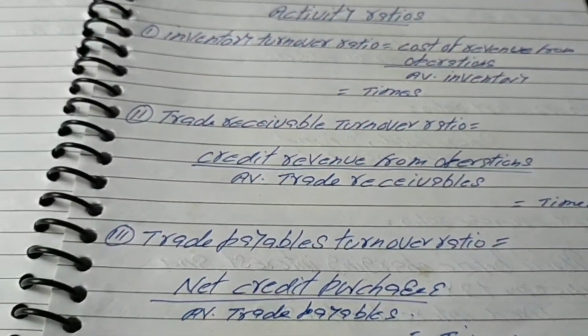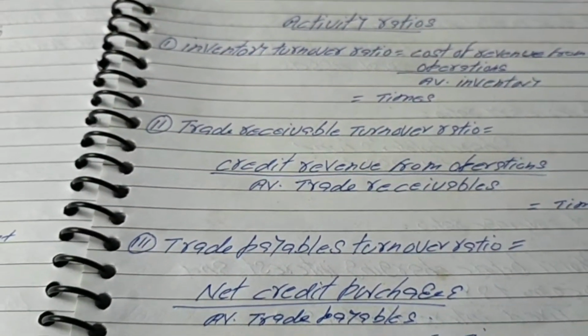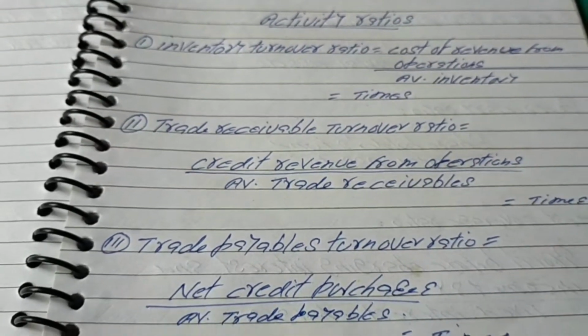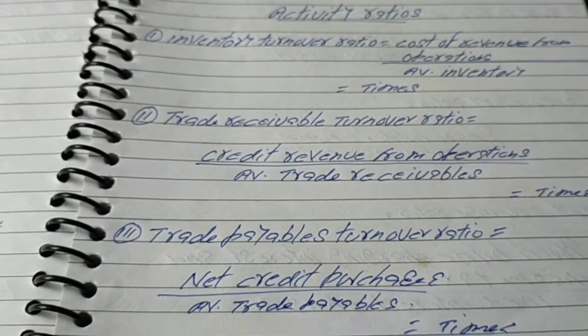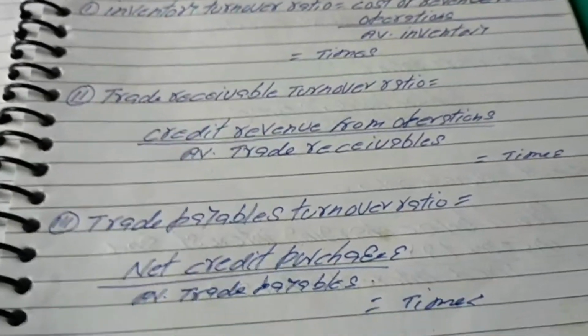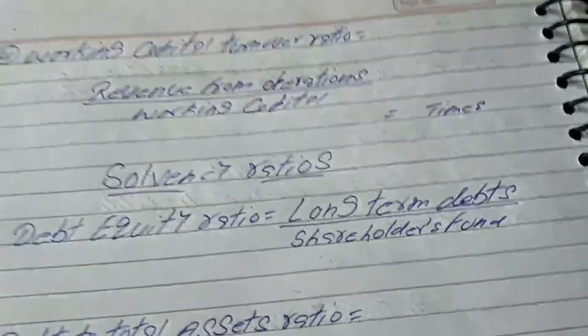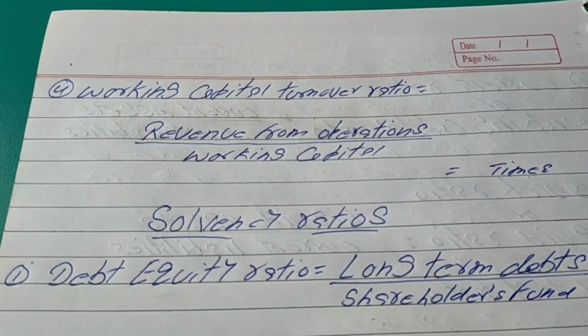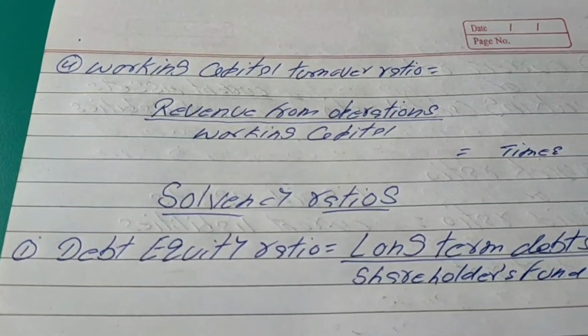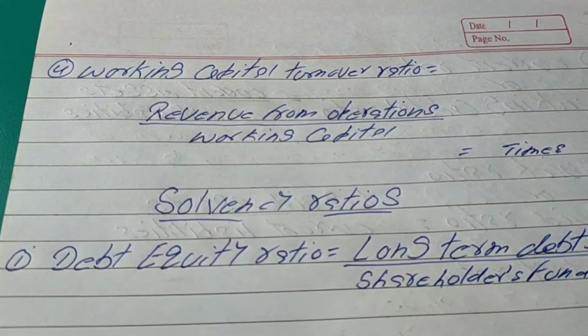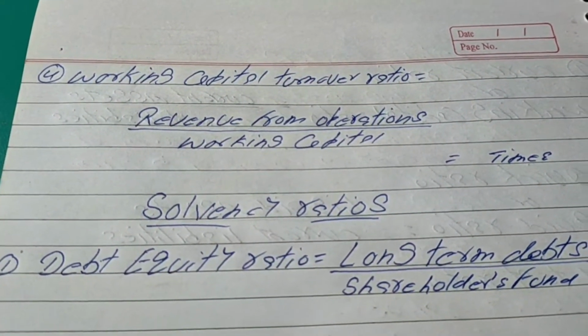In the other bracket we can take closing BP plus closing creditors, upon 2. If only closing creditors or closing BP is given there, we can take that item as average trade payable in the question. Now come to the next point, that is your working capital turnover ratio. Working capital turnover ratio is equal to revenue from operations upon working capital.